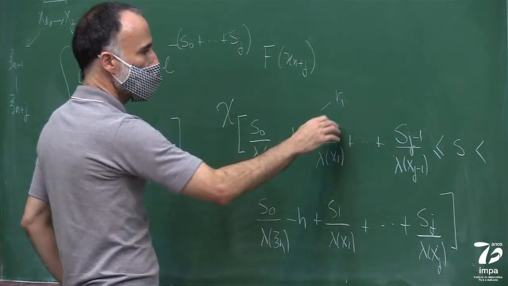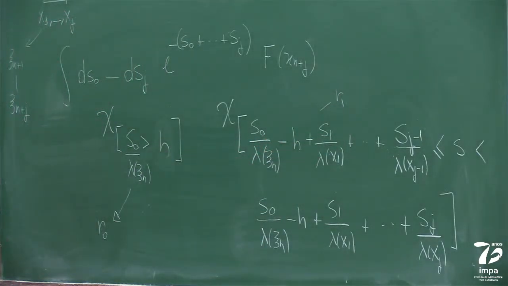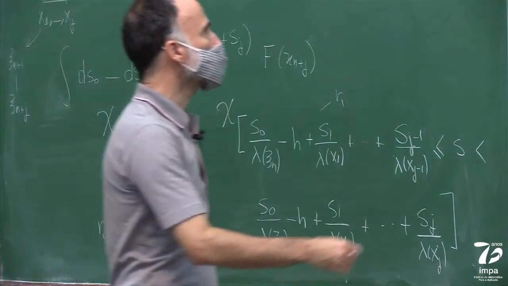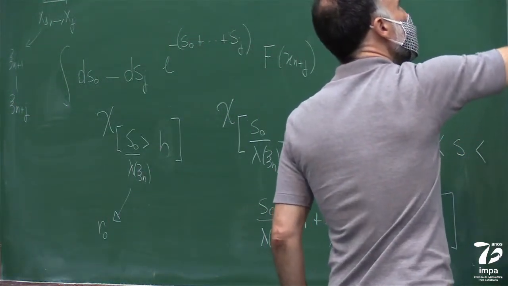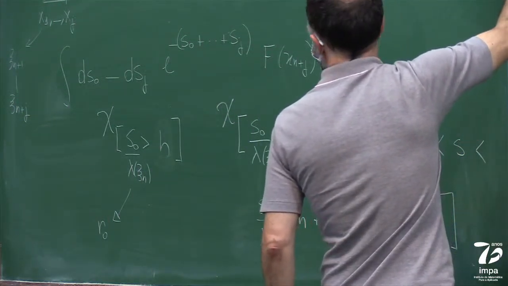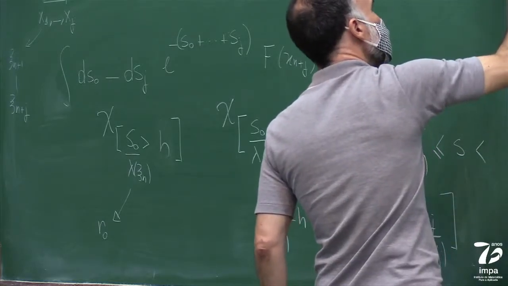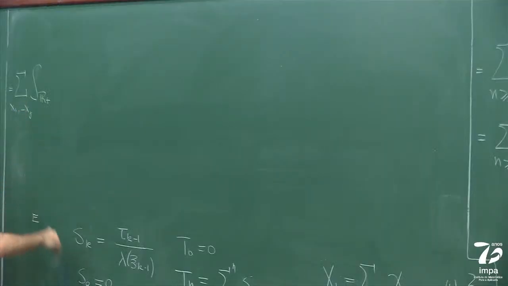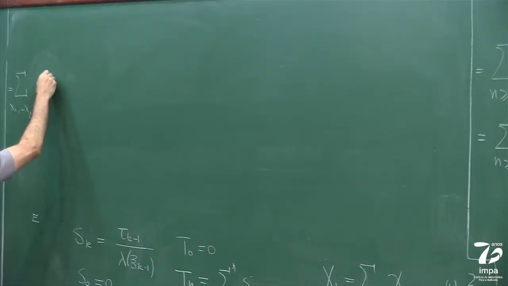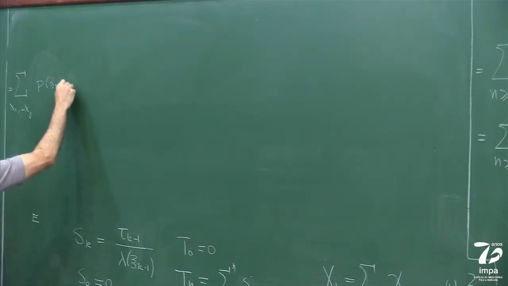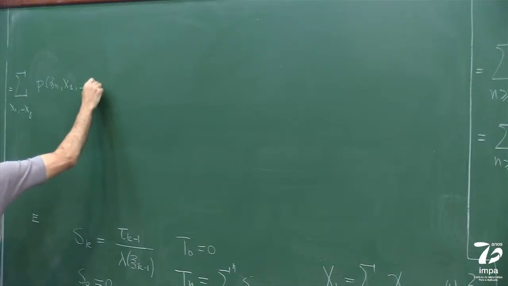R1 will be S1 divided by lambda x1, and so on. I have the sum over x1 up to xj of P psi n x1 up to xj.